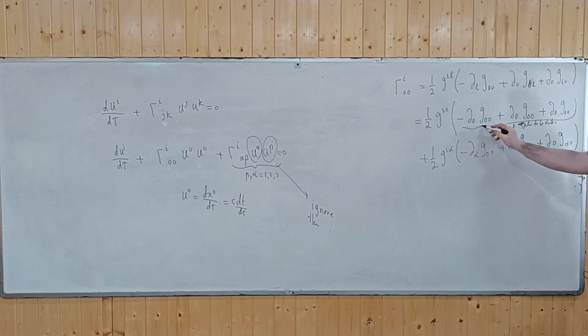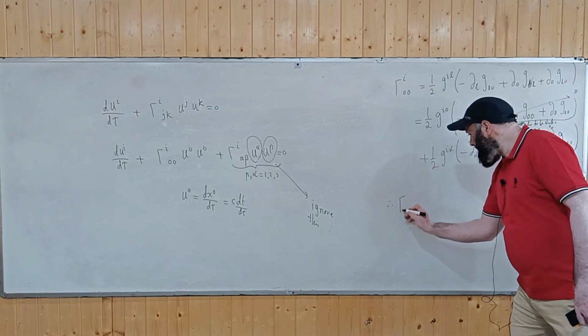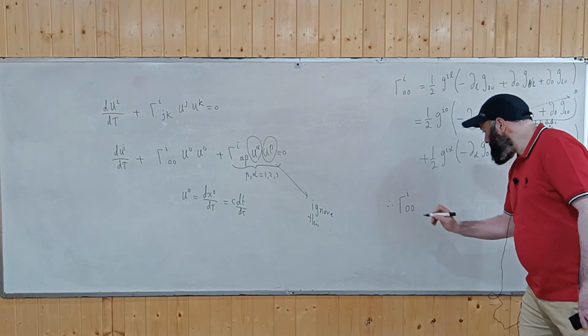Okay, so this entire term goes. Now let's look at these very terms. ∂_0 g_0α, so this is also 0 by the same argument. This is also 0 by the same argument. Clear? So what remains?